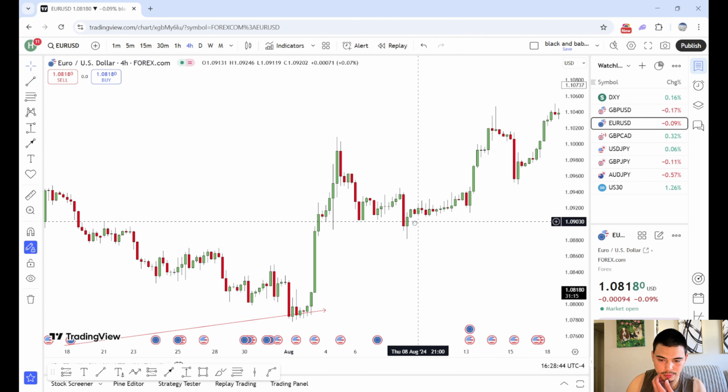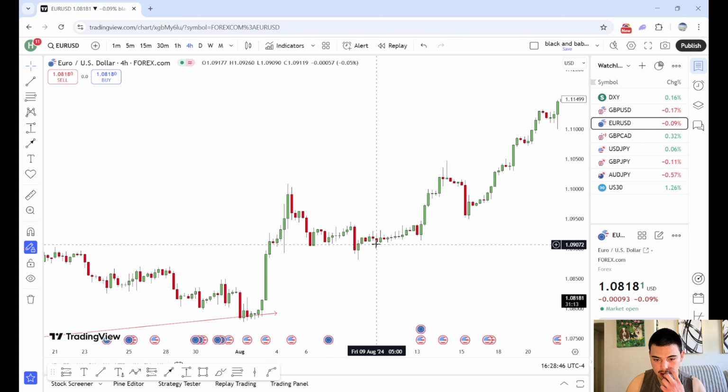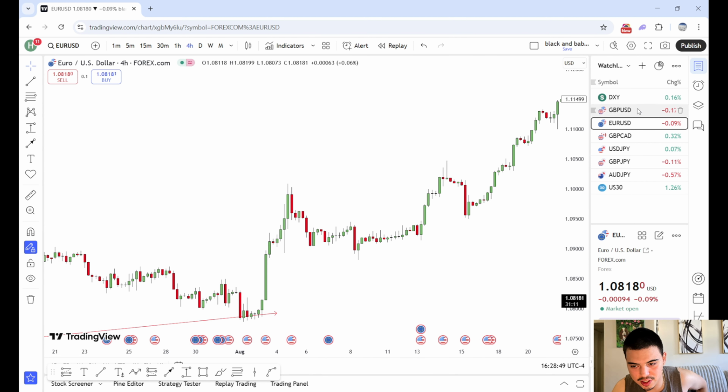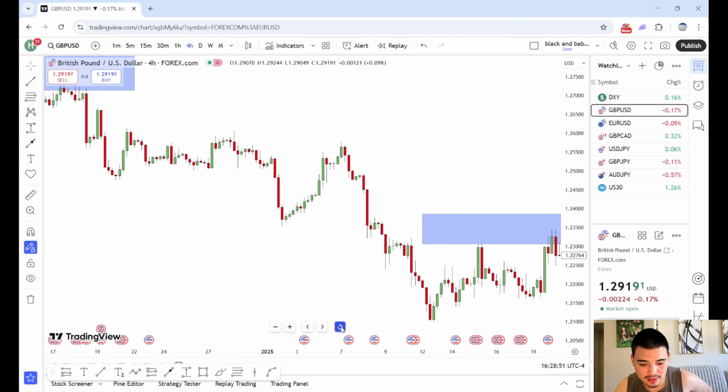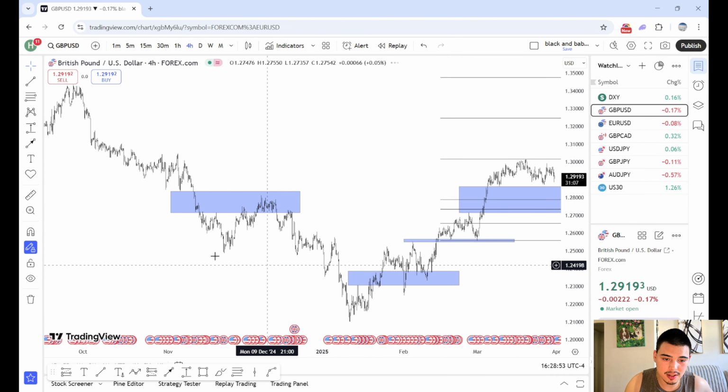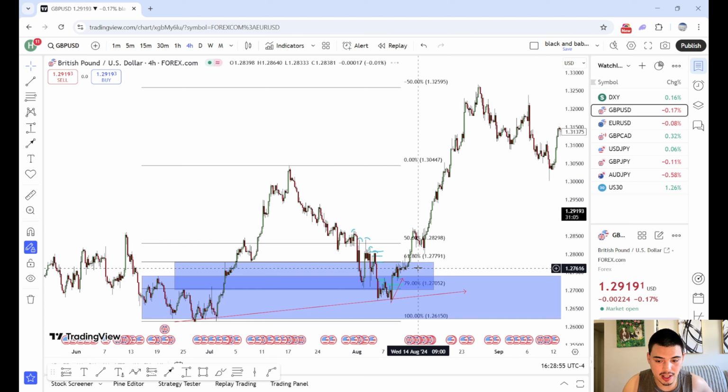Right here. Nope, no SMT divergence present. They both made these higher low situations right here. And so it's okay. Again, if you depended on SMT, you would have missed out on the opportunity.